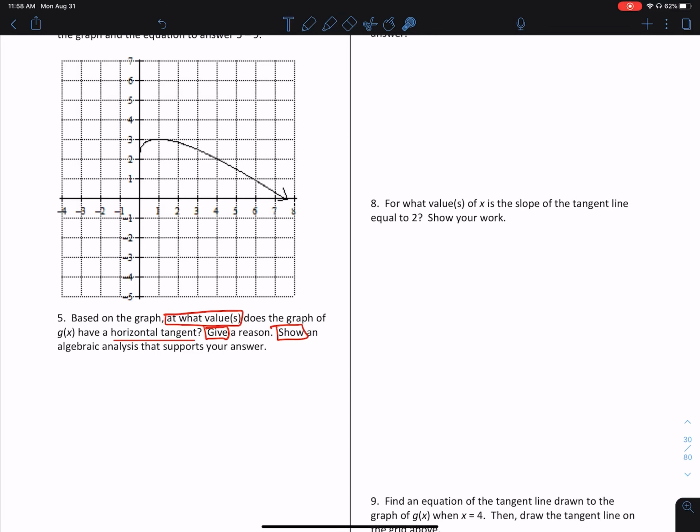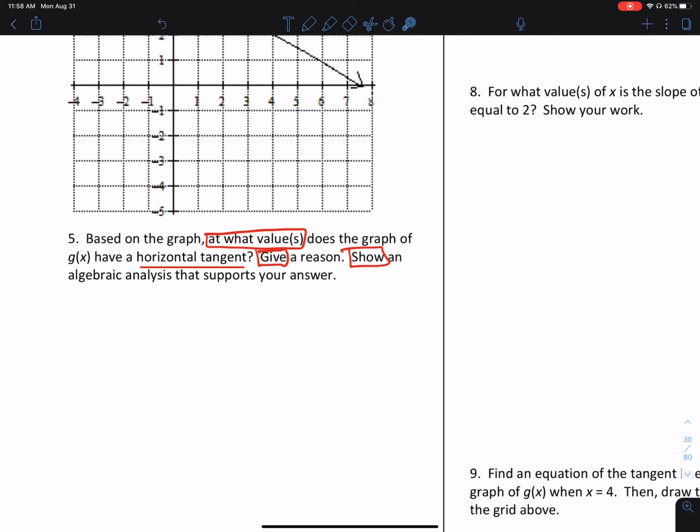I think that you can see that there appears to be a relative maximum here when x is 1. As a result of that being a relative maximum, we know that this would have a horizontal tangent at x equals 1. Let's write that down.